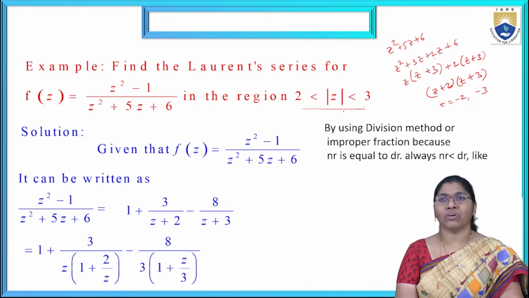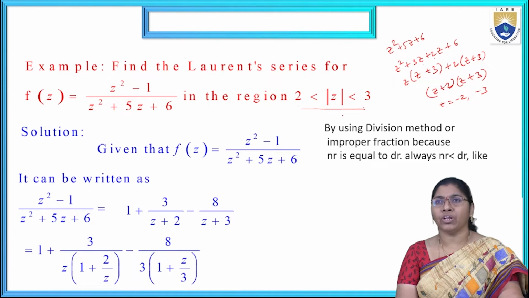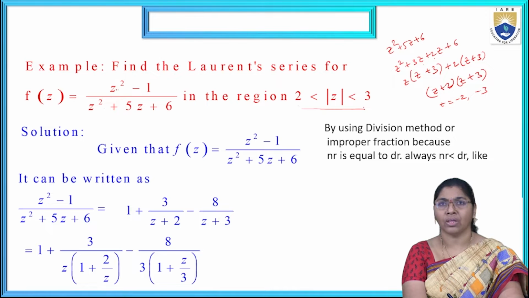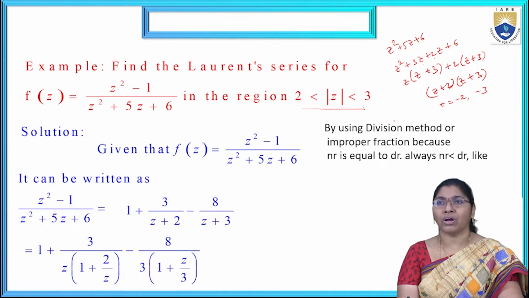Now f of z depends completely on the numerator and denominator individually. Here, for partial fractions, the numerator and denominator both have the same order, so we are not separating into partial fractions directly. Instead we use the division method, since it is an improper fraction. The numerator should always be of lower order than the denominator, but here it is not.